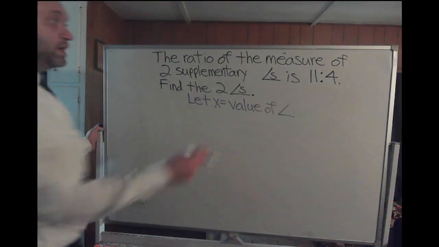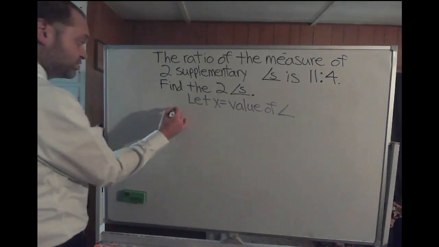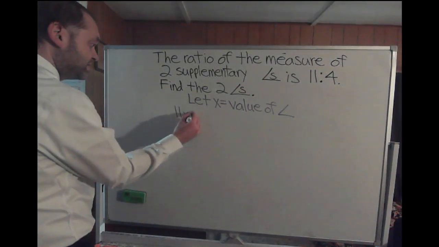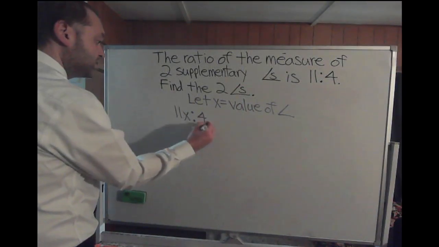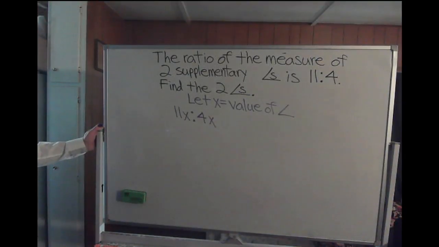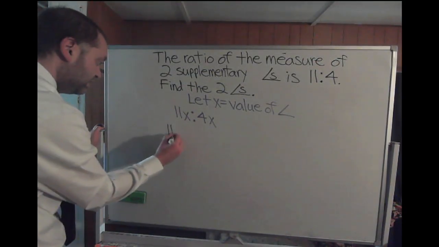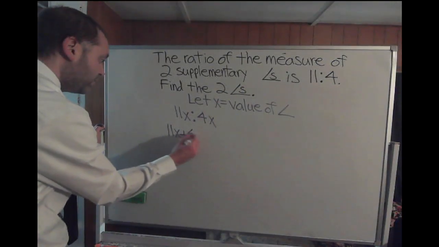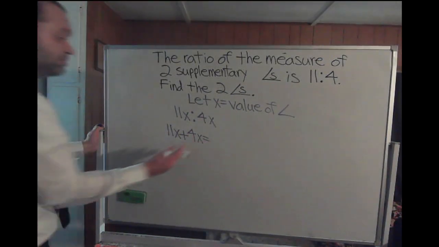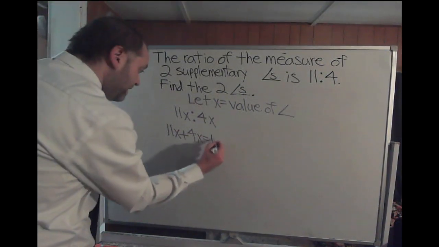That means the ratio of two supplementary angles would then be 11x to 4x, right? Now, if these two angles are supplementary, that means you're going to take 11x plus 4x. Supplementary means they add up to 180.